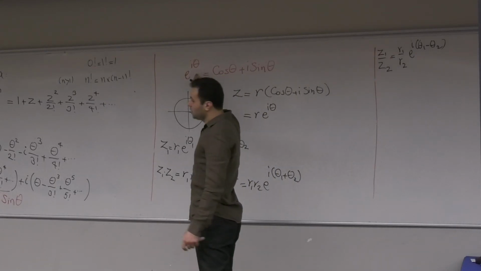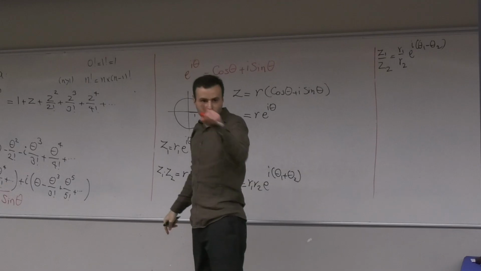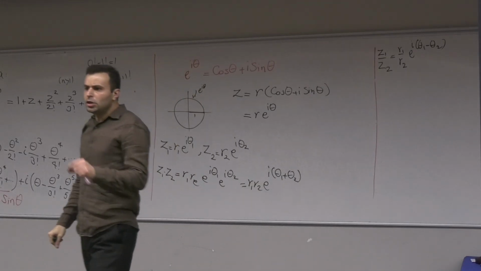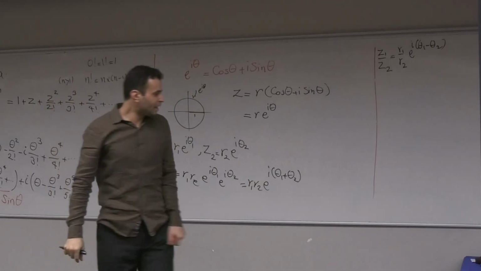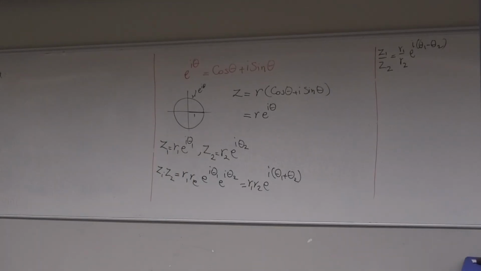If here, in place of theta, this argument that we have, you pick the number pi, what will happen? e to the power of i theta is cosine theta plus i sine theta, or cis of theta. If we select theta as pi, what will happen to the left hand side, first of all? It's going to be e to the power of i pi, right? What is this?